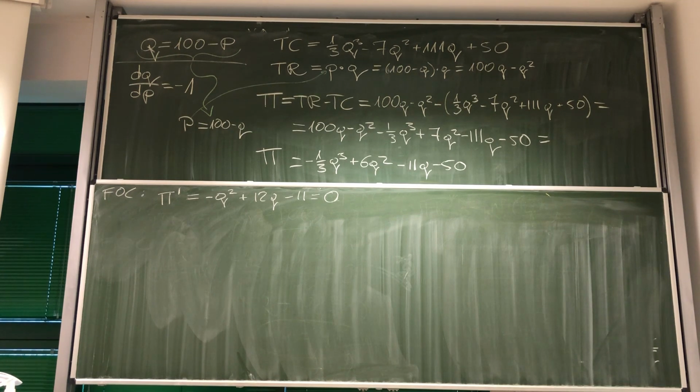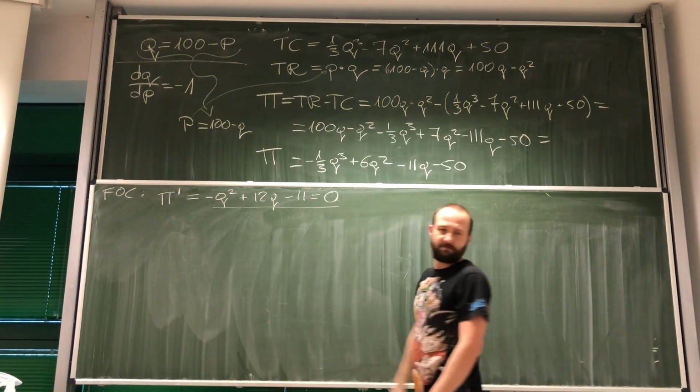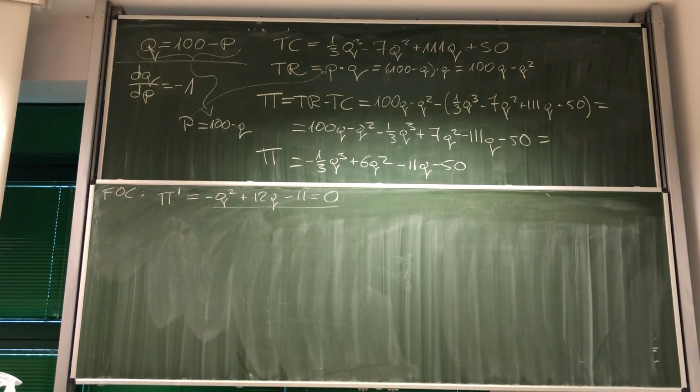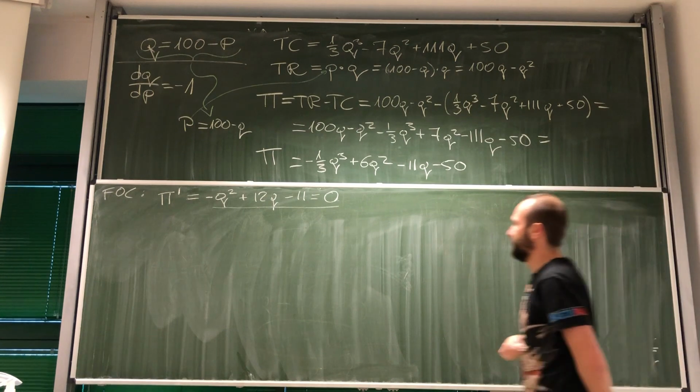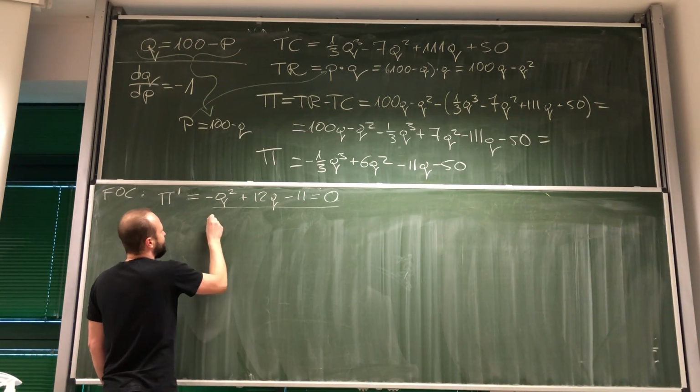Okay, so now we need to just solve this equation. And look, of course, we could use a quadratic formula for this, but this is really easy and there's an easier way around it. How? Look, for example, I can rewrite this expression.